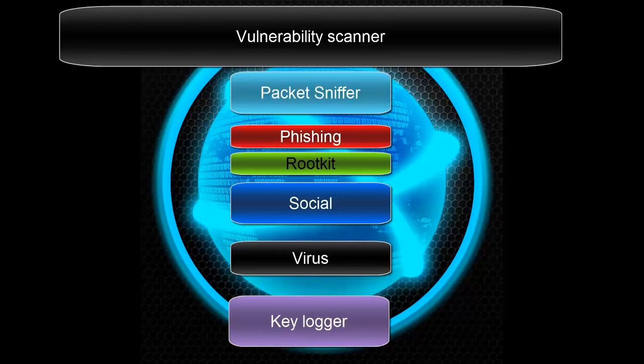Then there's a vulnerability scanner. As I said earlier, it's just a tool to see what ports are unsecure on your network, your home or business network. Most vulnerability scanners scan the most common ports on your network.